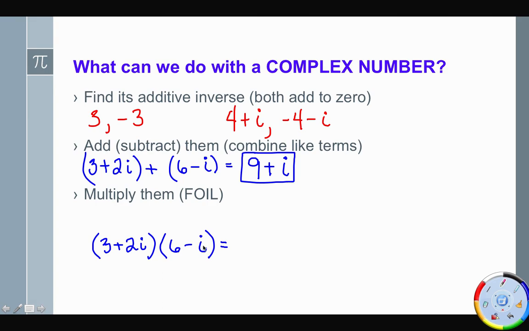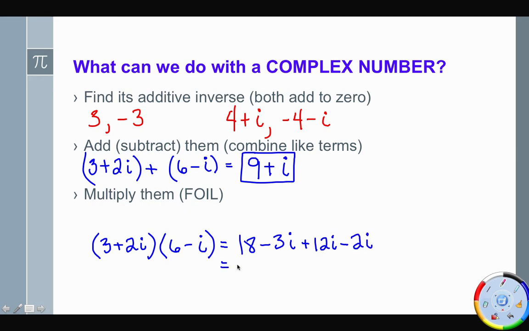So 3 times 6 is 18. 3 times minus i is a minus 3i. You get to actually think of i kind of like a variable in most of these cases. So now I've done the 3, now I need to do 2i. So 2i times 6 is a plus 12i. And 2i times minus i gets a minus 2i squared.